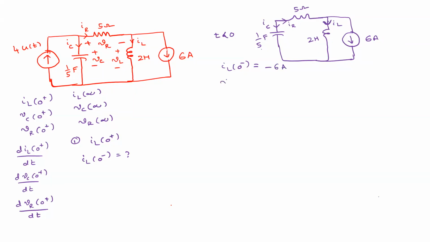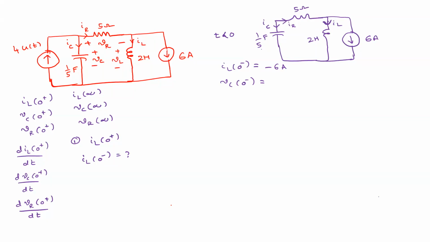Understood. So what is VC of 0 minus? This capacitor is open circuited, and what is the voltage across that capacitor?